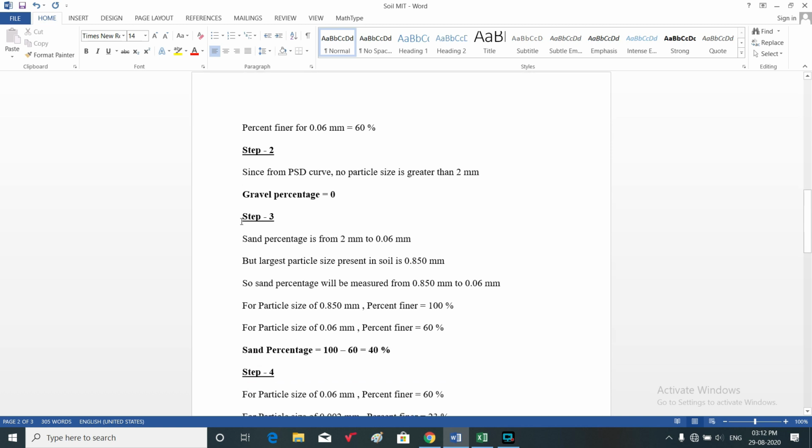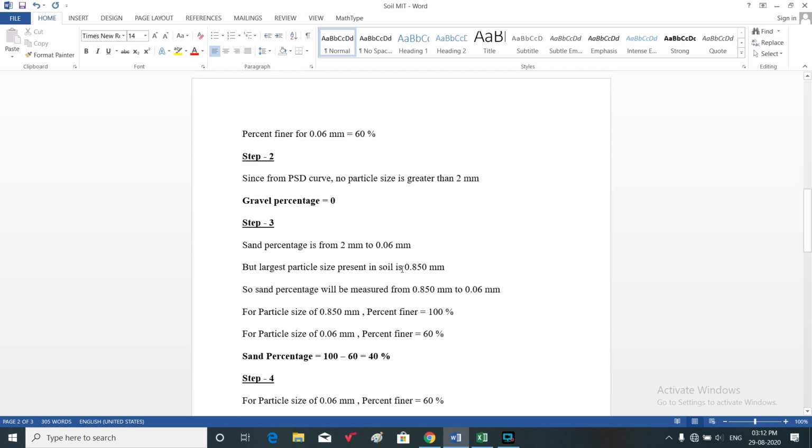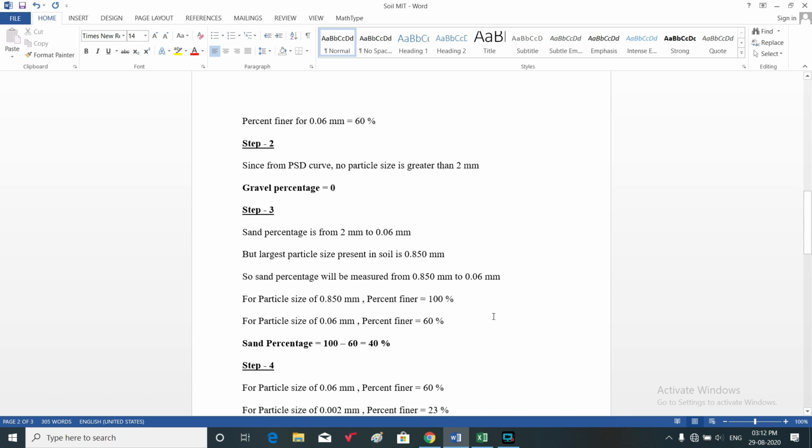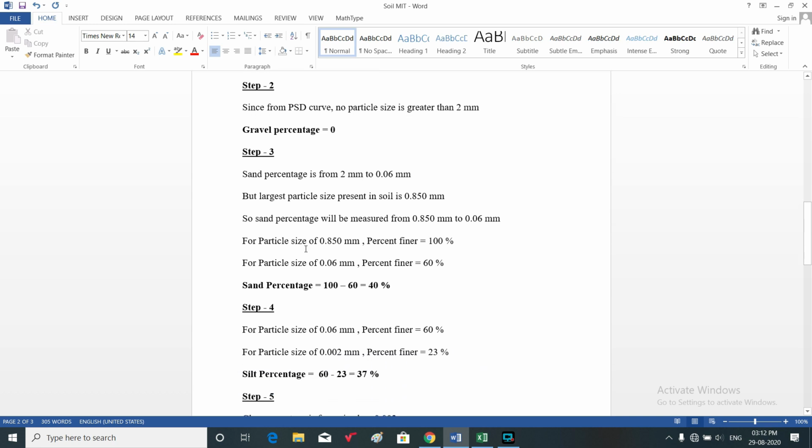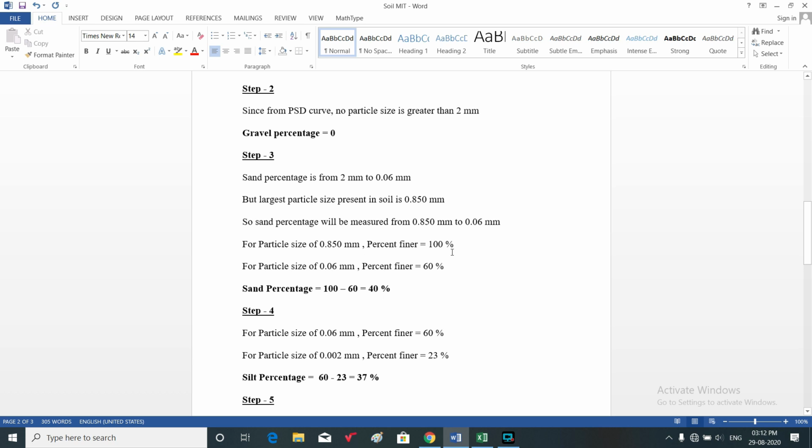Also, the sand percentage is measured from 2 mm to 0.06 mm, but the largest particle size in the soil that we have is 0.85 mm. So the sand percentage will be measured from 0.85 mm to 0.06 mm. For particle size of 0.85 mm, the percent finer is equal to 100%.